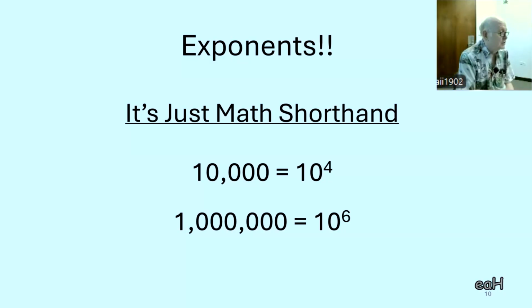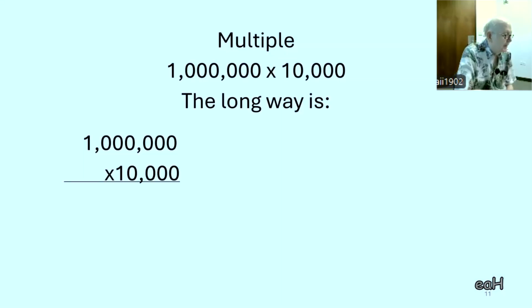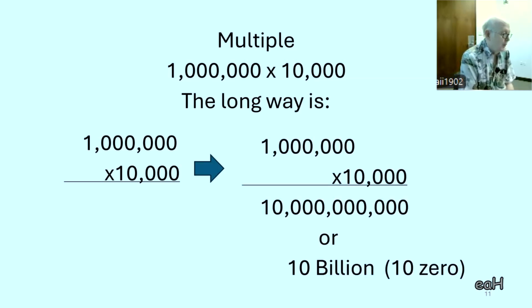Okay, exponents. I think of exponents as math shorthand. So 10,000 is 10 to the 4th, 1 million is 10 to the 6th. It's pretty simple. We don't have to write all those zeros. If you multiply them the long way, you write down 1 million times 10,000, shift it over, drop all the zeros down, and count those 10 zeros, and you've got 10 billion.